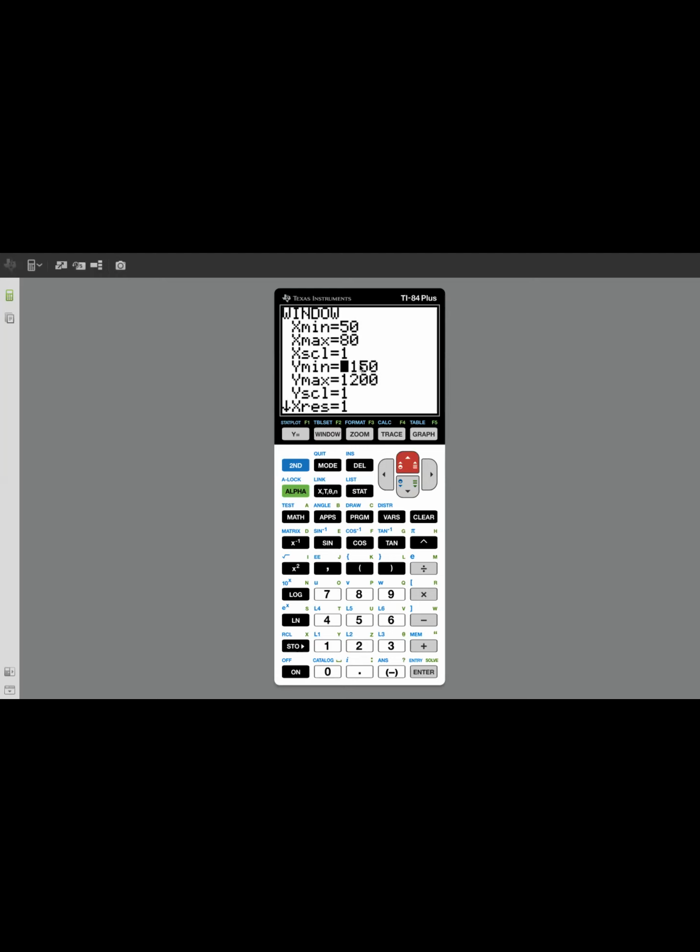And then I'll say negative 1200 for the Y minimum, just to make sure I can see down below the X-axis quite a bit as well. Now I want to think about my X values. Let me go back to my table of values.